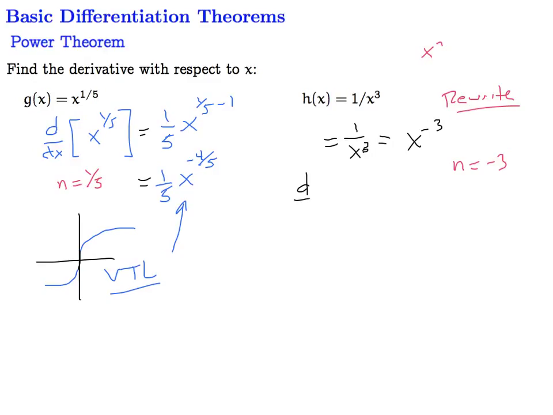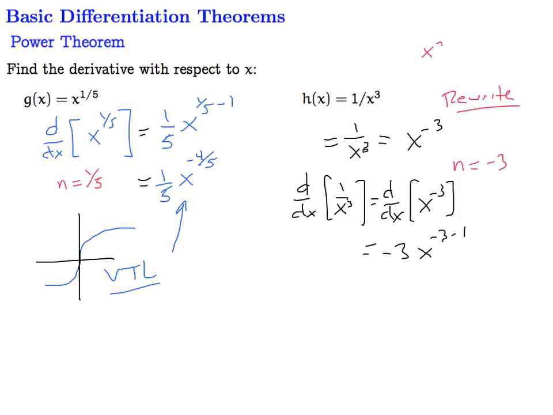So now we can take the derivative of this function, 1 over x cubed, which means we want to take the derivative of the function x to the negative 3, which means we're going to move the negative 3 down, and then always write this step out. Don't try to do it really quick in your head. Negative 3 minus 1, which simplifies down to negative 3x to the negative fourth.